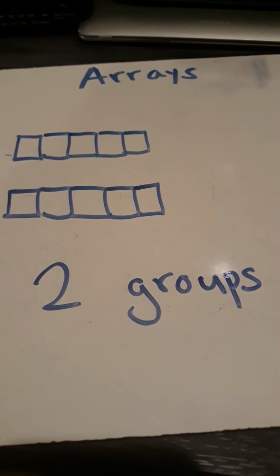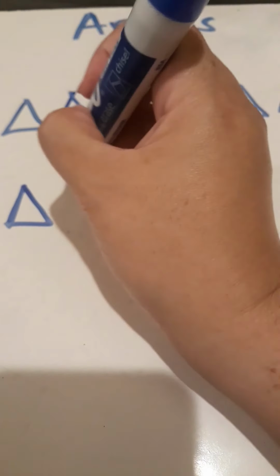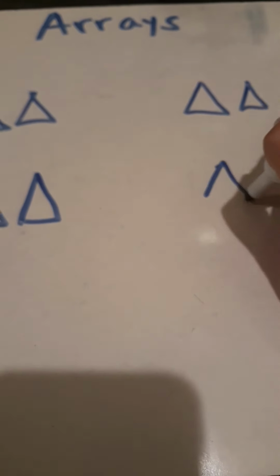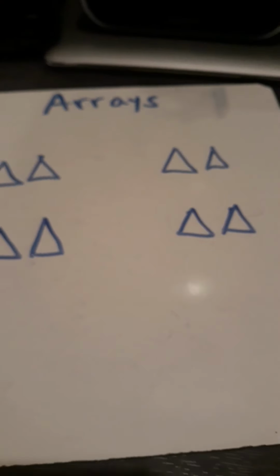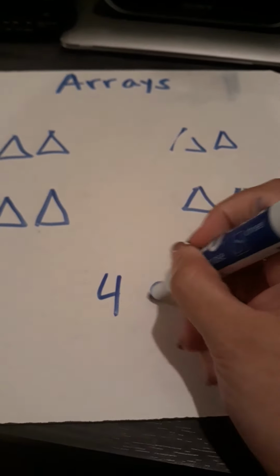Awesome, awesome, awesome. Okay, now we're going to draw triangles. How many groups of triangles do I have? 1, 2, 3, 4. 4 groups.